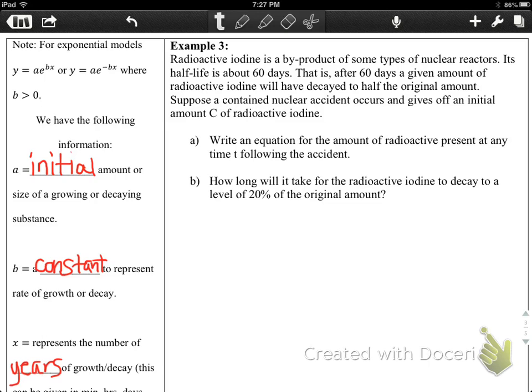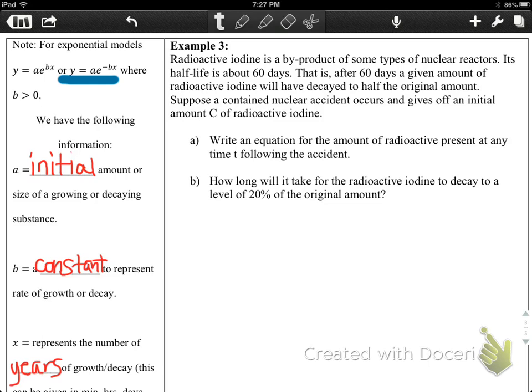So I just want to quickly recall when we talked about the different variables. In example 3, anytime we're talking about the half-life of something, that represents decay. So we're going to use our decay model, which is right here.